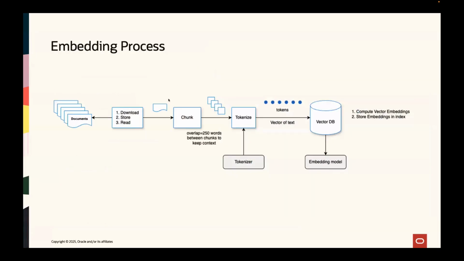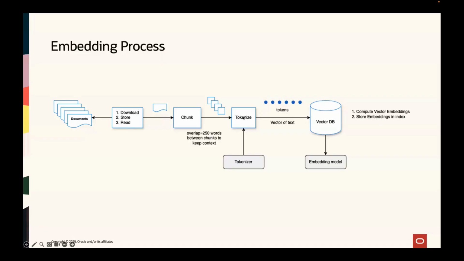So in this process, if you are ingesting documents, you basically have to have a way to download them and store them within your store. Once you've retrieved them, you have to split them up, or chunk them, into smaller pieces so they're easily digested by the embedding engine, right? These chunks are then tokenized.